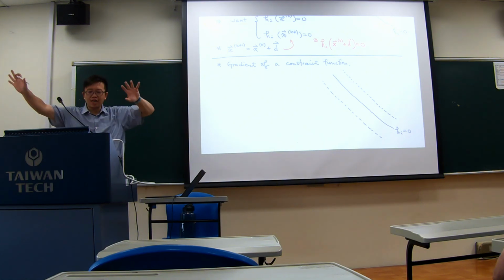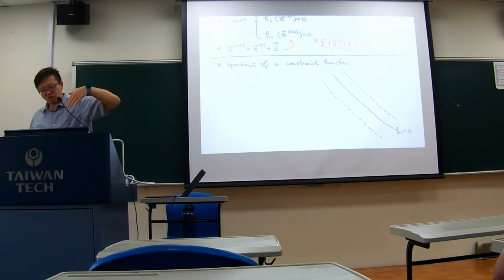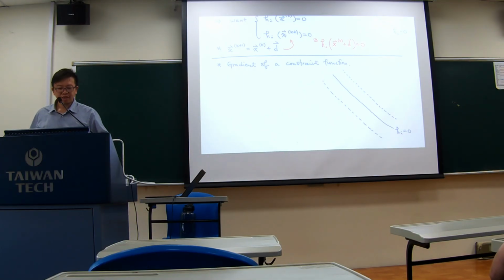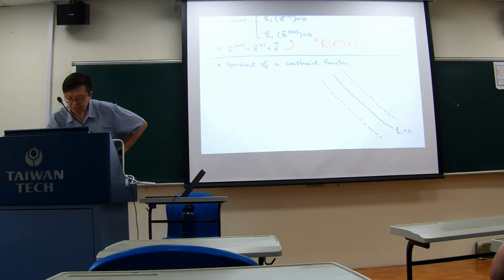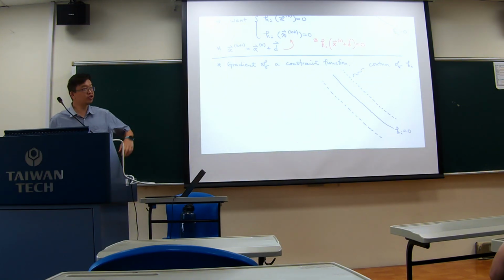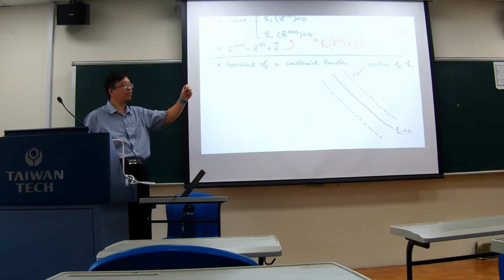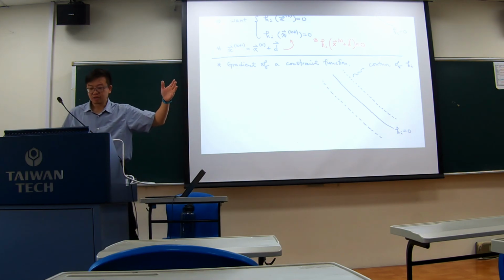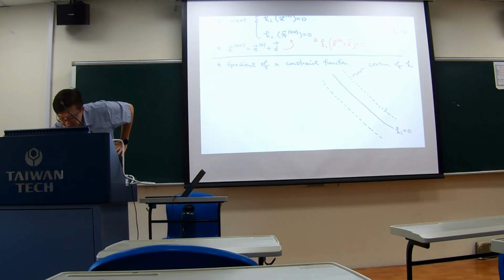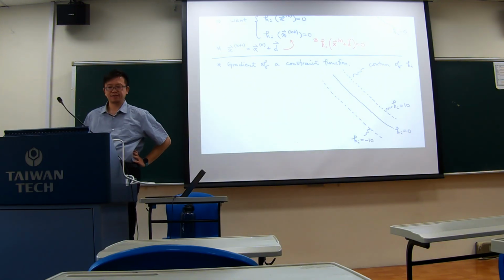If you offset left or right, you are kind of drawing the contours. So these are contours of the h function. It just happens that the solid one is the contour curve with function value equal to 0. Maybe the one on the right is contour value equal to 10, and maybe this one is contour value equal to negative 10.